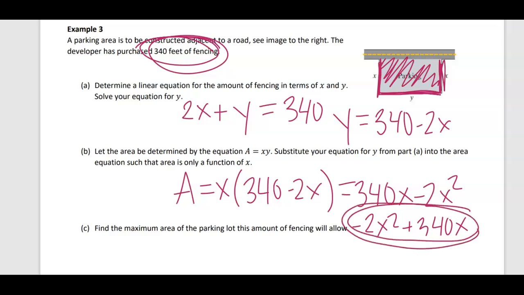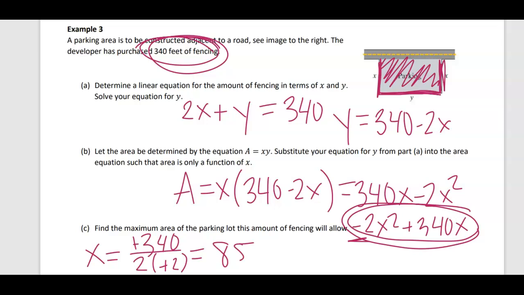This is a quadratic that opens down, right? A is negative, so let's find the vertex. That's going to be at x equals negative b over 2a. That's going to give me a negative over a negative is a positive. 340 divided by 4, 85. So when x is 85, I'm going to have maximum area of this parking lot.